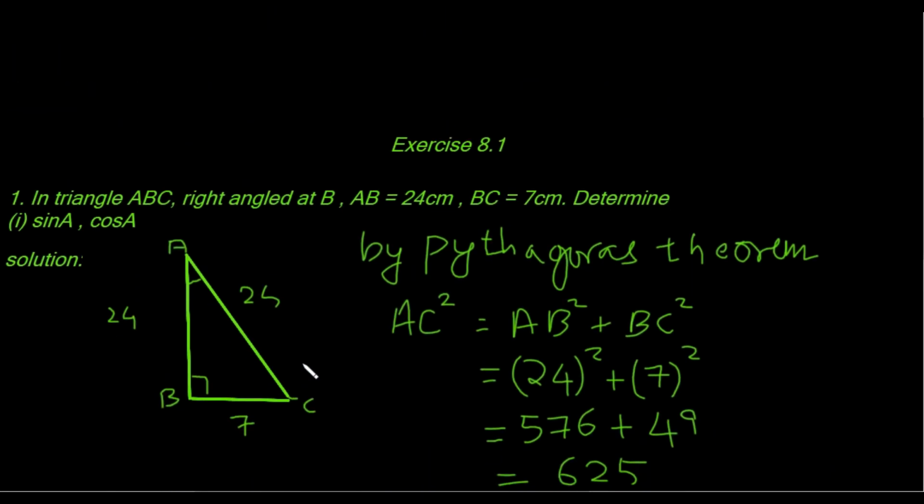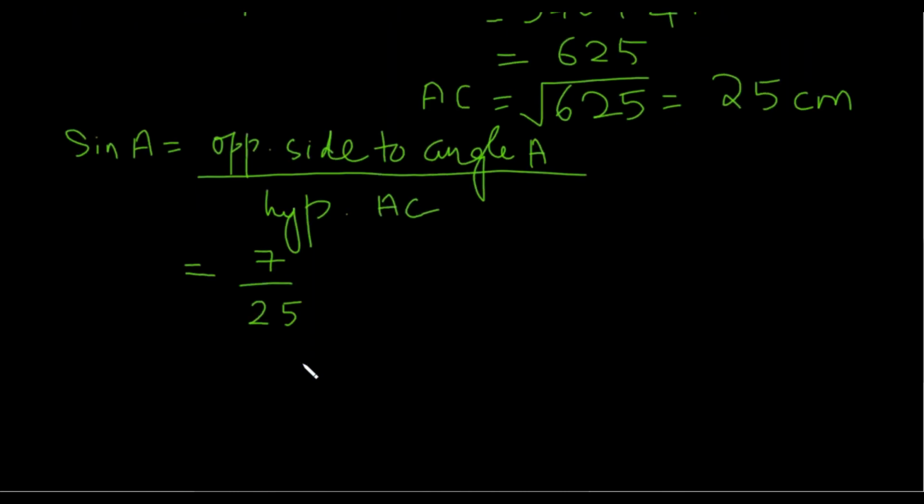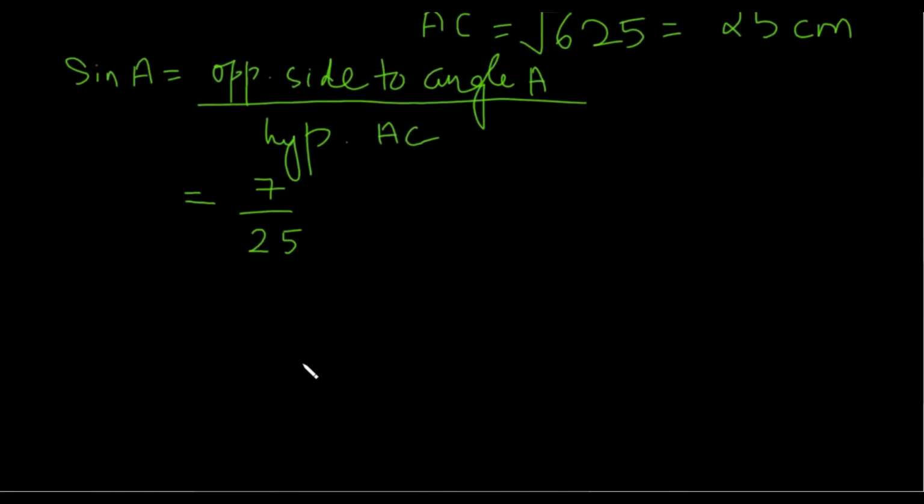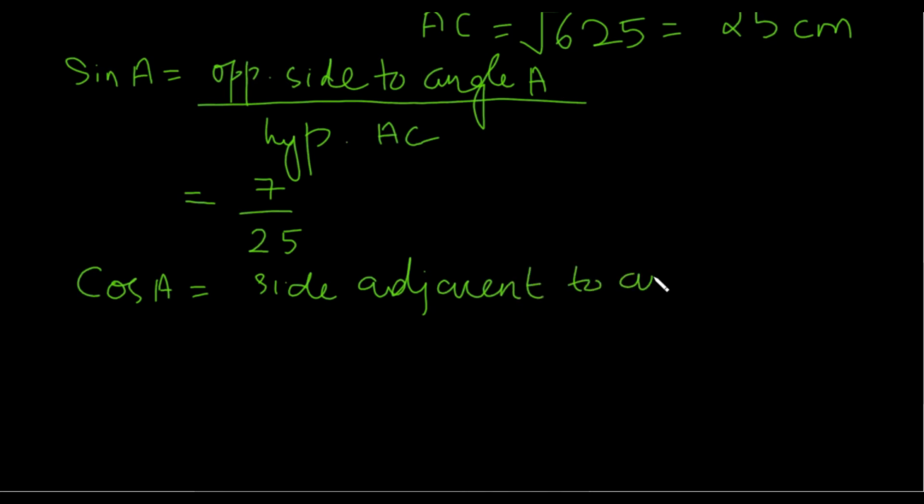Now let's jump on to the other part of the problem, which is cos A. Now cos A is equal to the side adjacent to angle A divided by the hypotenuse side, which is AC.